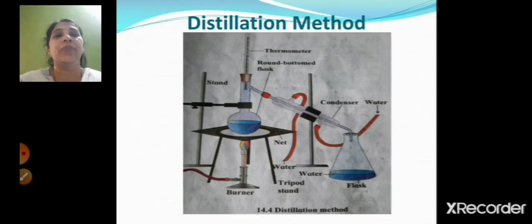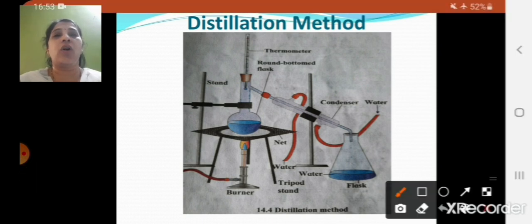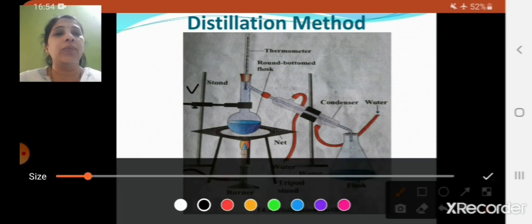In the figure you can see the distillation method. Distillation is used for the purification of impure liquids. Here in the figure, this is a stand.